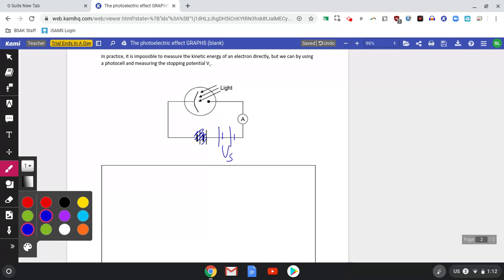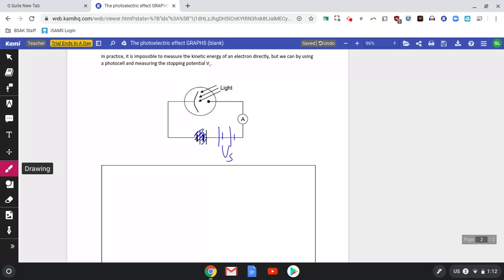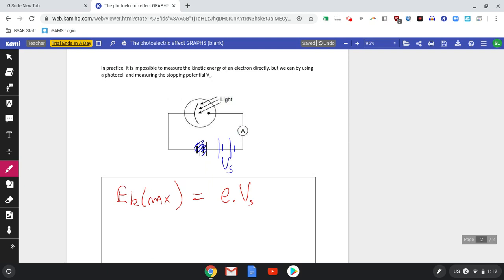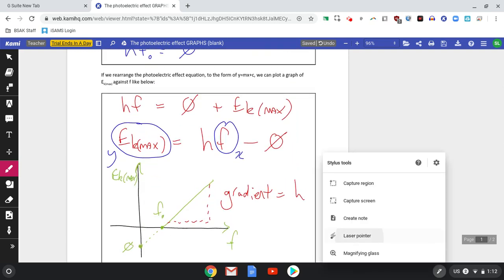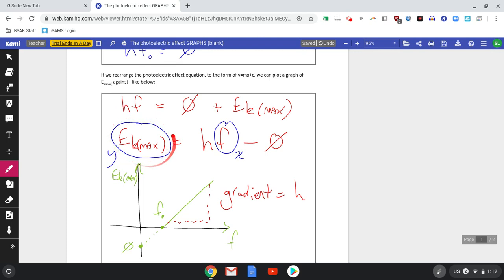So values-wise, if we are at the stopping potential, then we have EK max. That's the work done on the fastest electrons, because that's all the kinetic energy that's taken away. That's equal to the charge on an electron multiplied by stopping potential, because work done equals charge times voltage. So we can go back to this equation here and substitute for EK max, can't we?